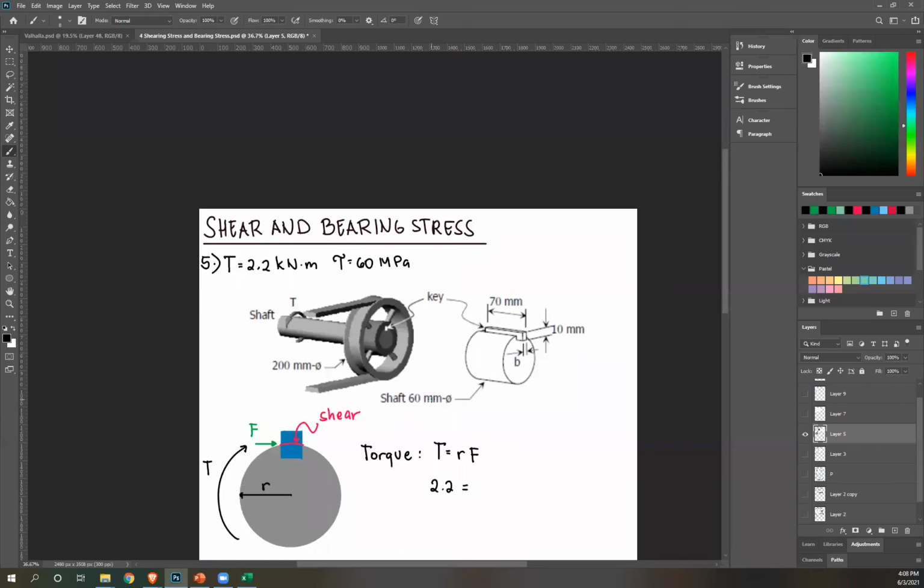This is millimeter. So to convert this into millimeter, times 1000, converting meter to millimeter. Meter to millimeter, 1000, right?